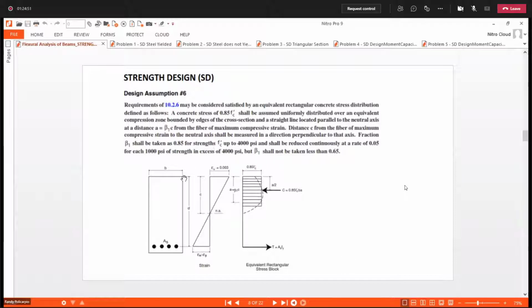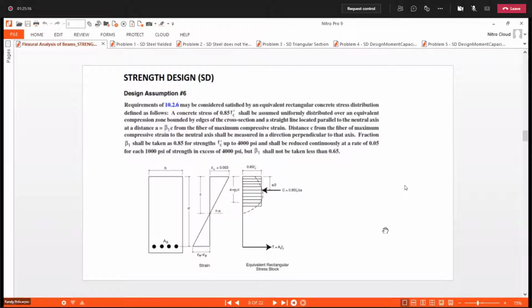Kaya ngayon, ang ginawa, merong isang study na wherein this parabolic shape ng ating compressive stress in concrete, no? Inequate yan into a what? Into an equivalent rectangular concrete stress distribution.